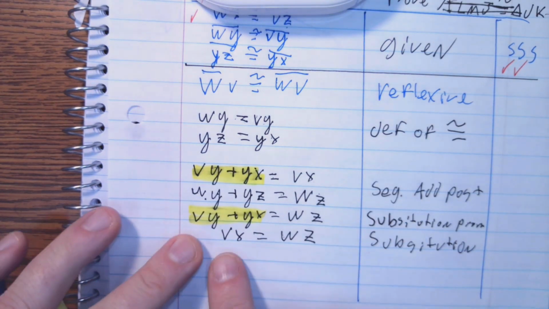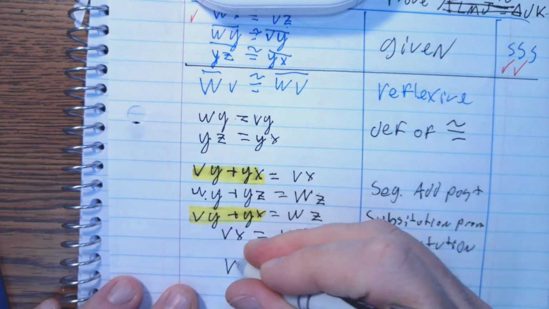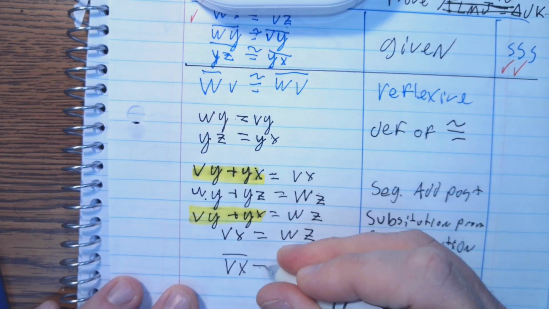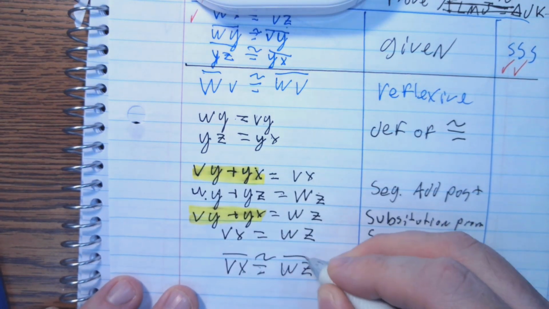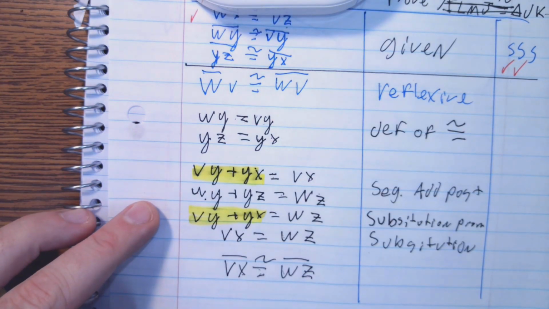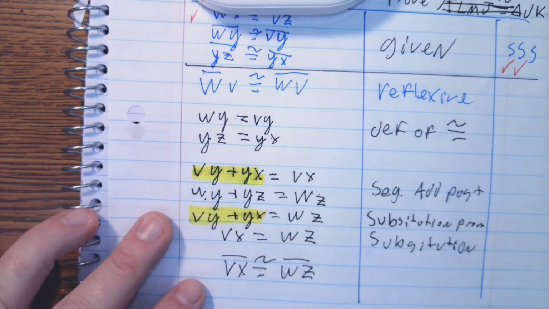So is this what I ultimately want? Do I ultimately want VX is congruent to WZ? Is that not what I want?